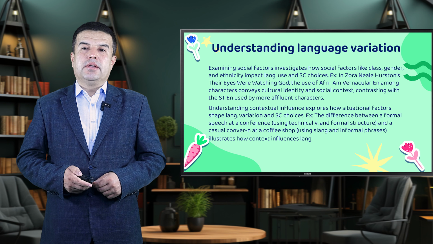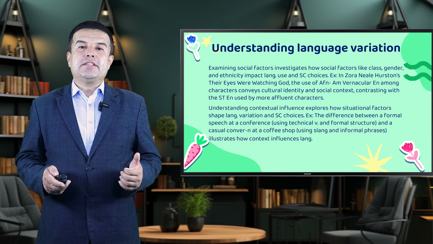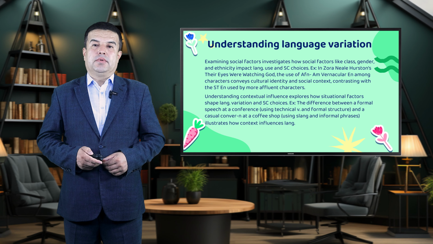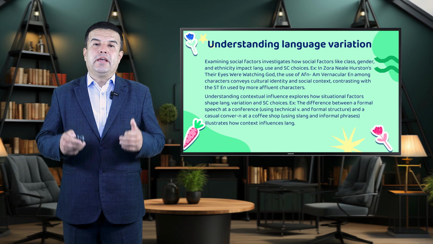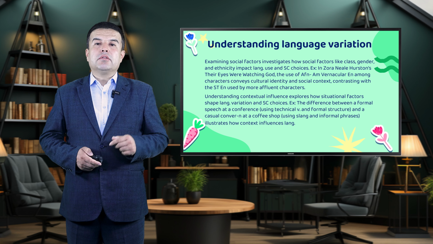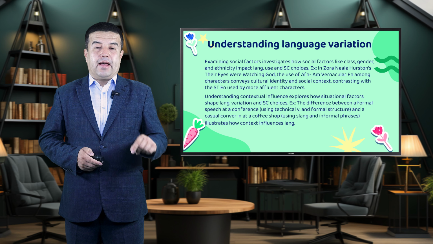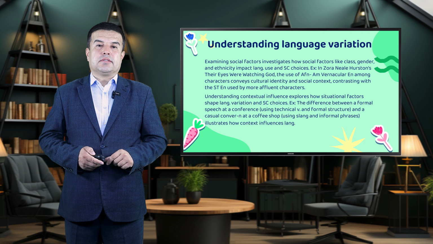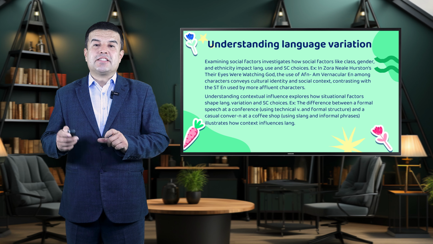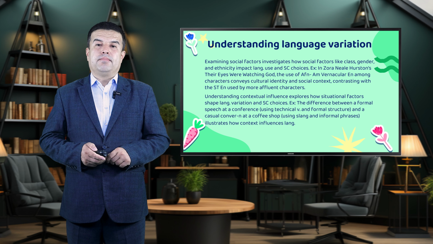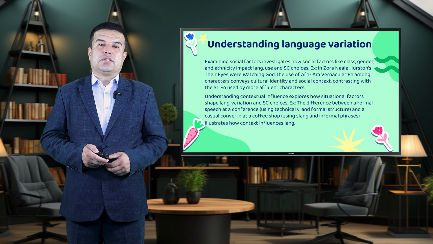For example, in Zora Neale Hurston's Their Eyes Were Watching God, the use of African American Vernacular English among the characters conveys cultural identity and social context, contrasting with the standard English used by more influential characters.